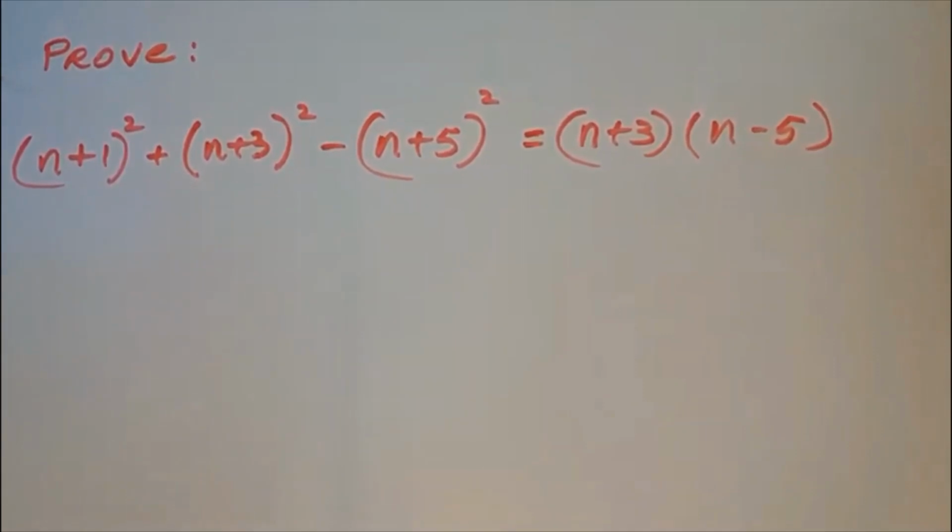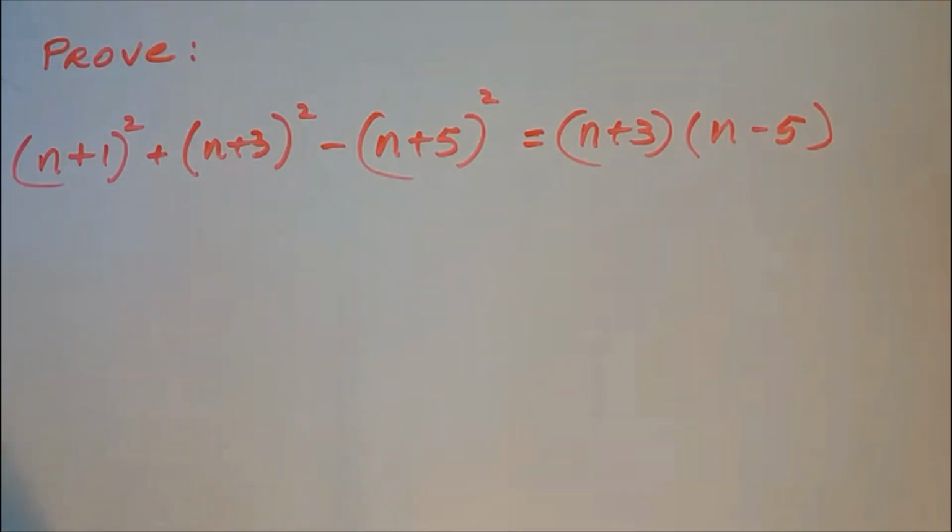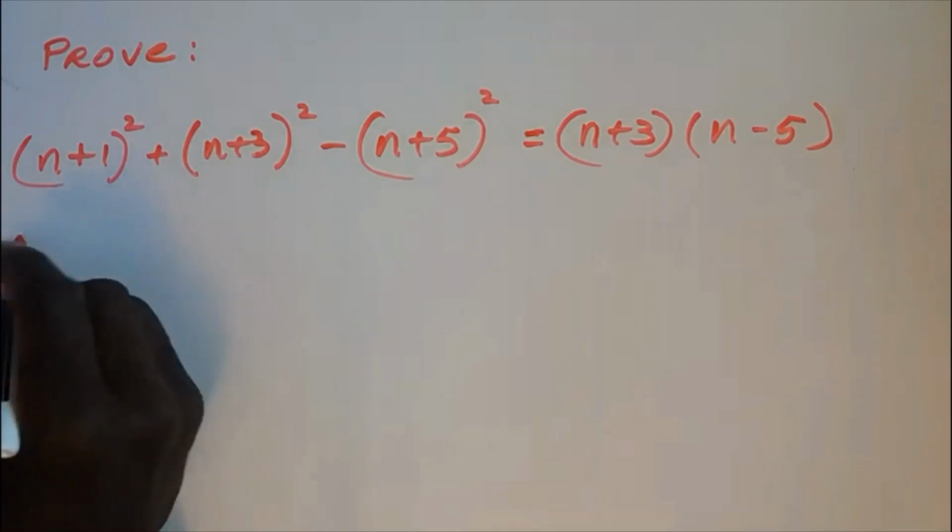Alright, what if we have to prove this equation? Well, we'll start with the left-hand side and see if we can prove that it's equivalent to the right-hand side. We'll clear the brackets.